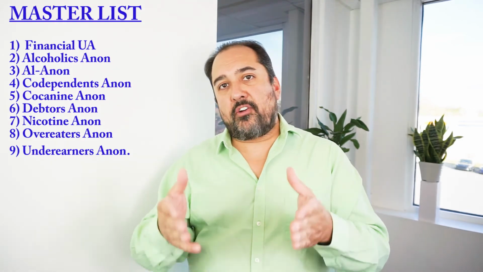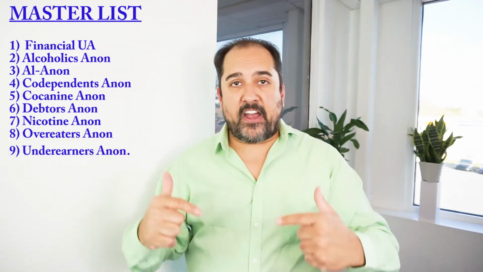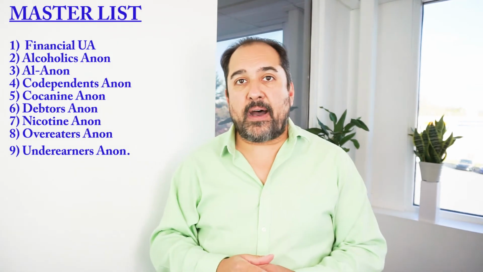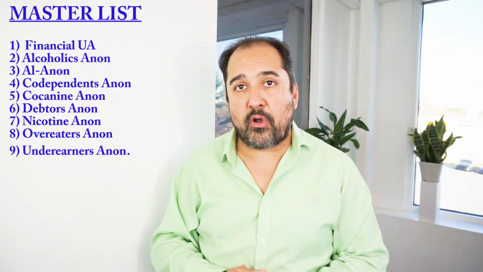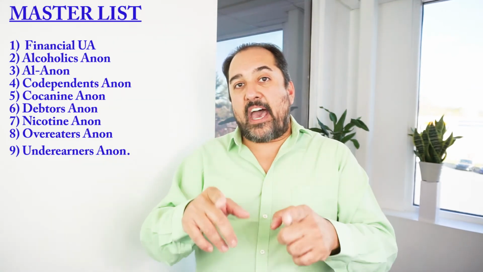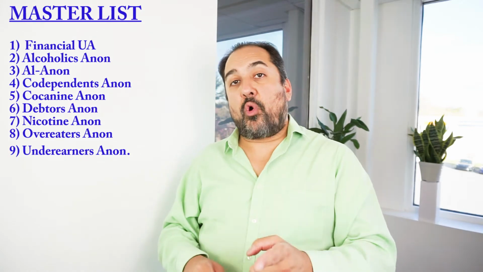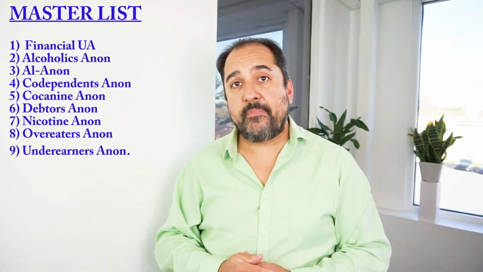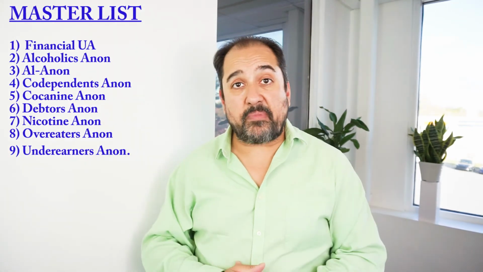Just like you brought your financial under-earning to Financial UA as a fellowship, because we create this space for healing and recovery so people can be present in the space, bring their financial under-earning, and heal in this space. So if you think about your character defects and you can itemize them and pair them with a 12-step program, you can take that part of yourself to the corresponding 12-step program and then go to at least 6 meetings.